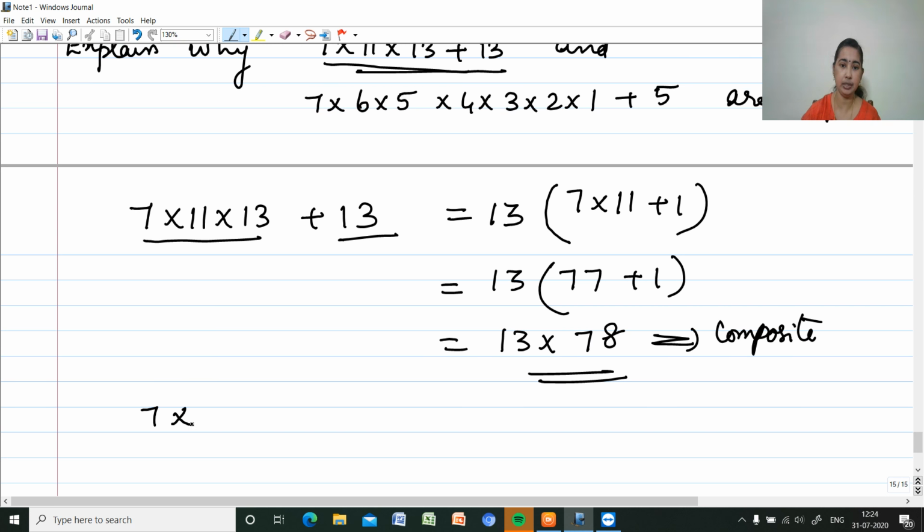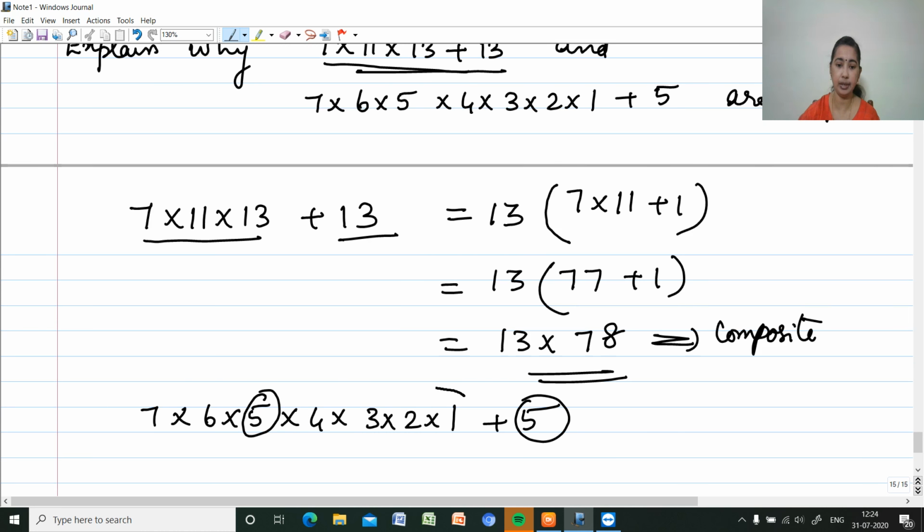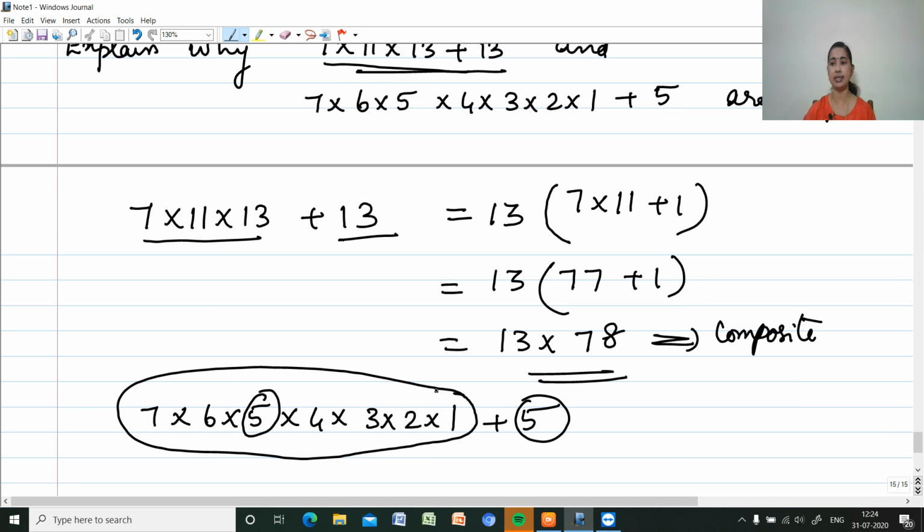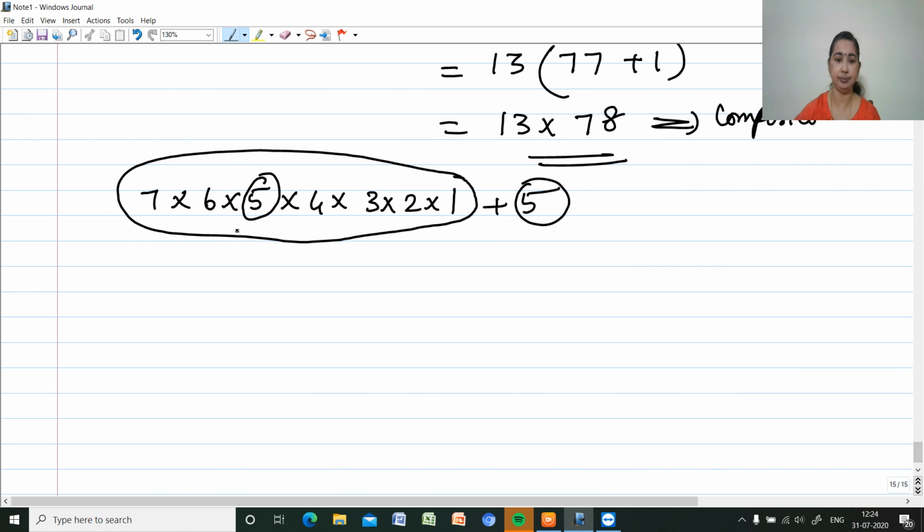Now the second one is 7 into 6 into 5 into 4 into 3 into 2 into 1 plus 5. Here also 5 is common in the first term and second term. Considering this as one term, because the product of so many numbers comes as a single term, we take 5 outside. The remaining numbers we multiply together: 7 into 6 into 4 into 3 into 2 into 1, which gives 1008 plus 1.